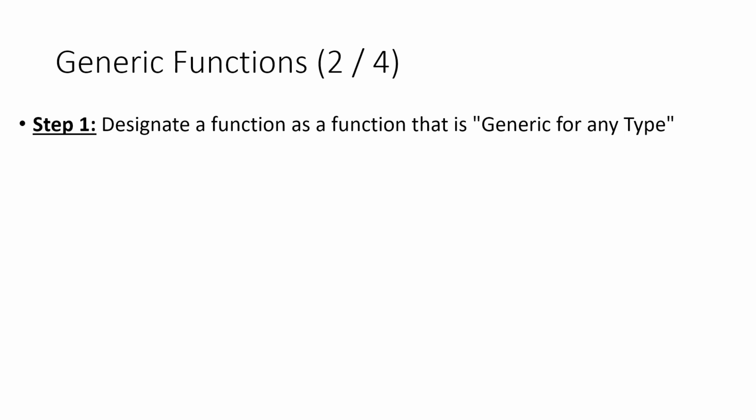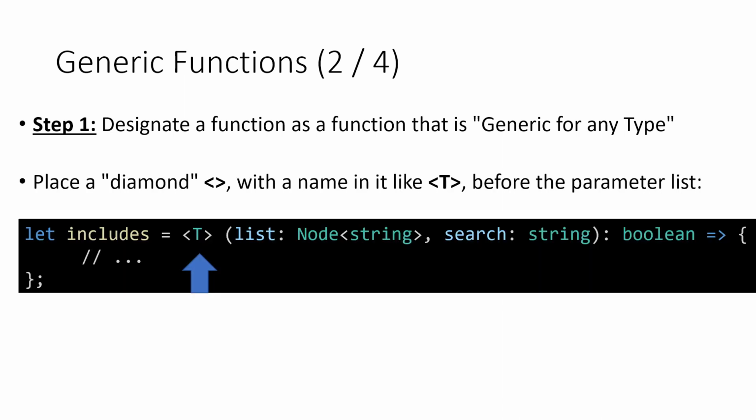So how do we make a generic function? Well, the first thing we're going to need to do is designate that a function is going to be generic for any type T, right? Just like we saw the diamond syntax when we were working with a generic class, here we are using the diamond syntax again to specify that a function is going to be generic. So notice that we are putting the diamond T in front of our parameter list.